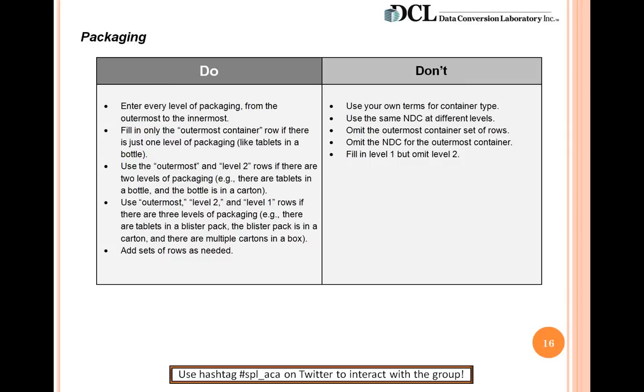And if you have two levels of packaging in terms of our worksheet, put it into outermost and level 2. And similarly for level 1, if there are 3 levels of packaging. There are provisions for you to have more than 3 levels of packaging for this, but just make sure you cover all of them.